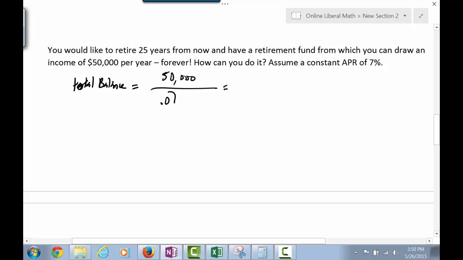So if I take 50,000 divided by 0.07, I should end up with $714,286. In other words, if 25 years from now I have that amount in the account, then I can just keep drawing 50 grand every year and be able to live off that 50,000 and never touch the original balance.